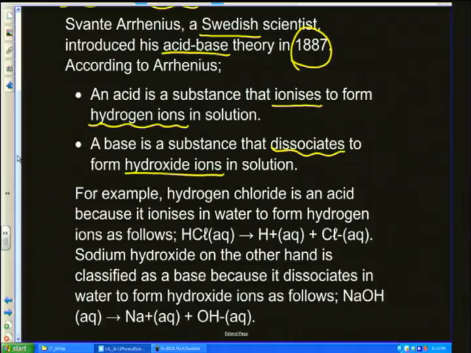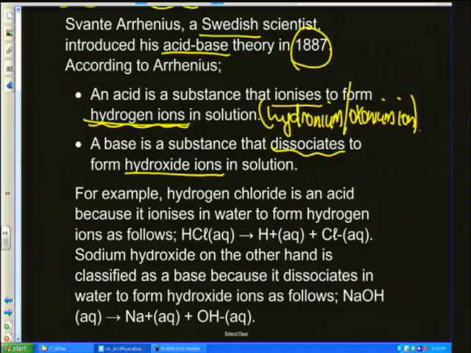So whilst acids will ionize to give you the hydrogen ions, we will also be referring to the hydronium ion, or what we call the oxonium ion. We will be talking about these ions interchangeably. So when we're talking hydrogen ion, we simply mean that.